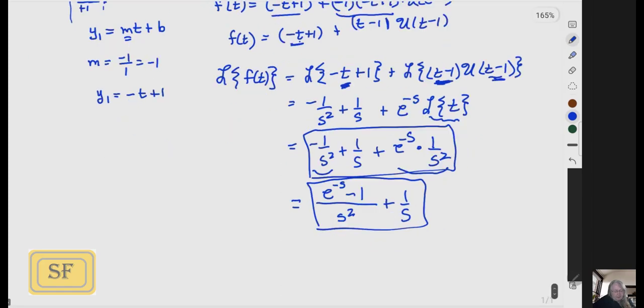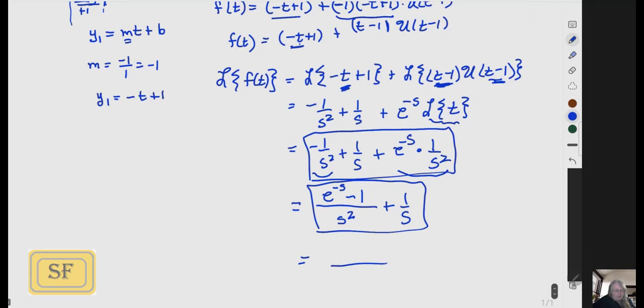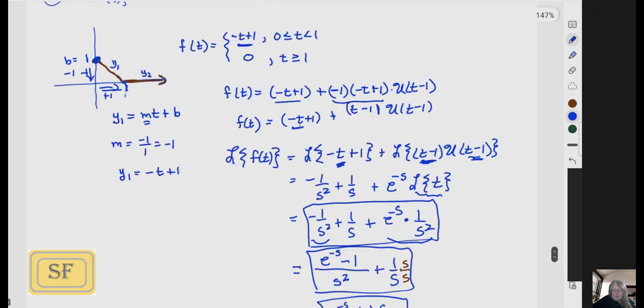And it's even possible that you combine all of this into one fraction, which would be pretty easy to do. Just take that second fraction, multiply by s over s, and you'll get e to the negative s minus 1 plus s over s squared. So 3 of those answers are really good answers. And that's question 7.